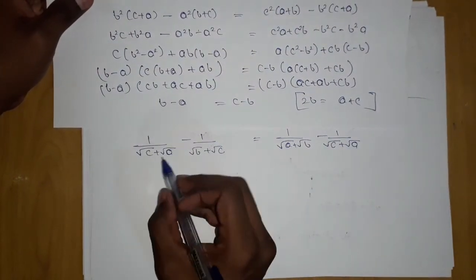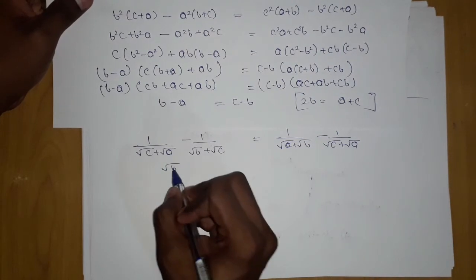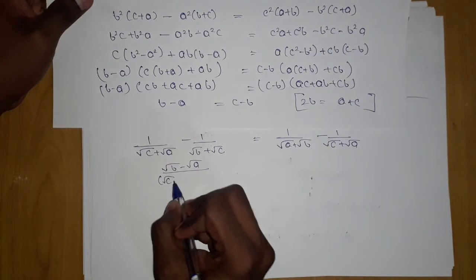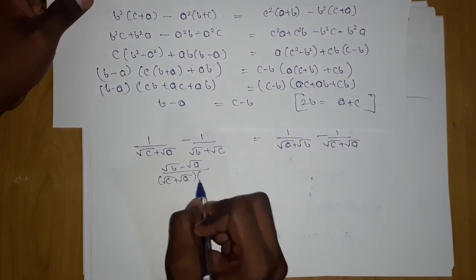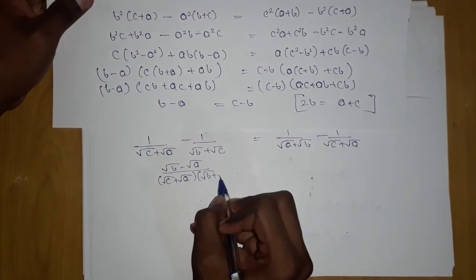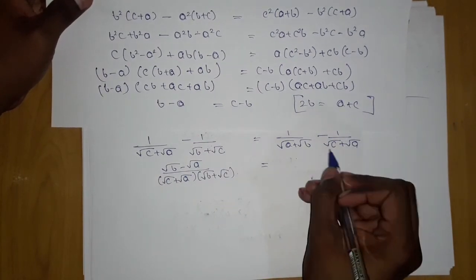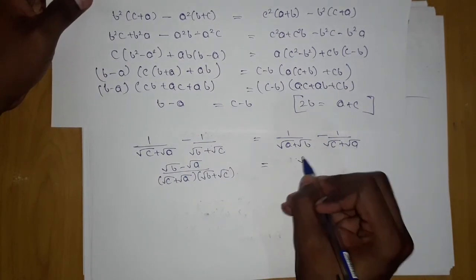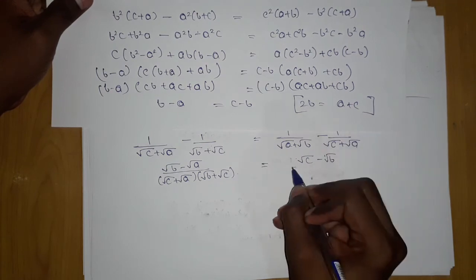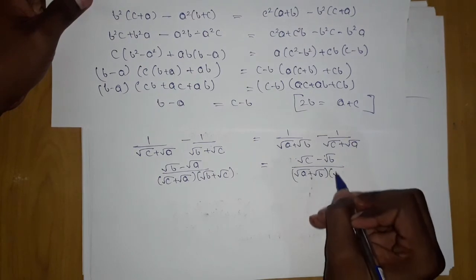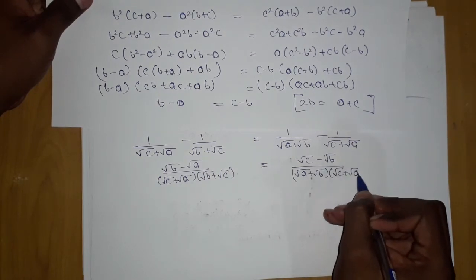In the numerator I see that c will cancel out, giving me under root b minus under root a upon (under root c plus under root a) into (under root b plus under root c). Further here, a will cancel out, finally under root c minus under root b upon (under root a plus under root b) into (under root c plus under root a).